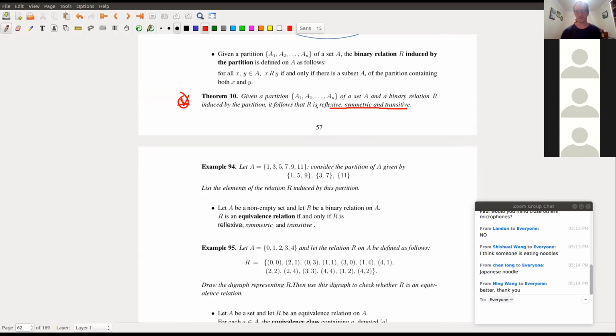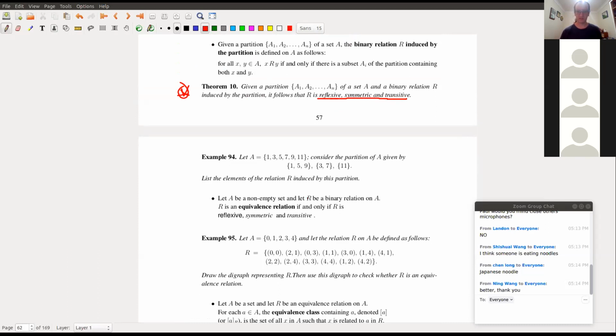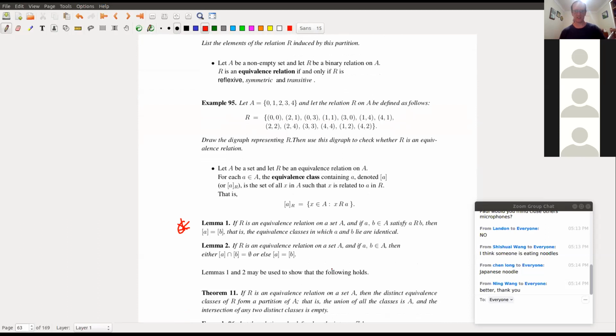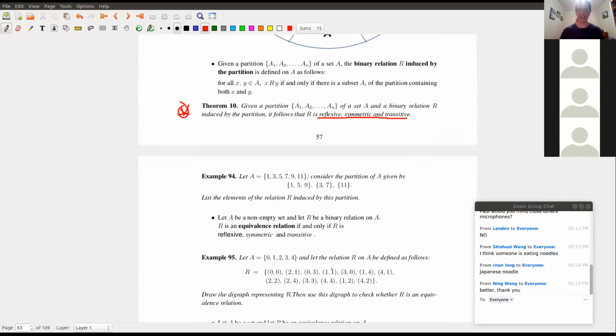Okay. Try and work out what I should say about that. So the relation induced by the partition has these properties: it's reflexive, symmetric, and transitive.